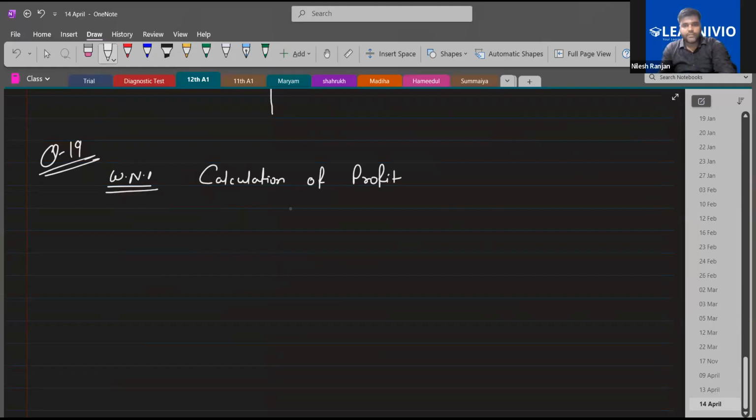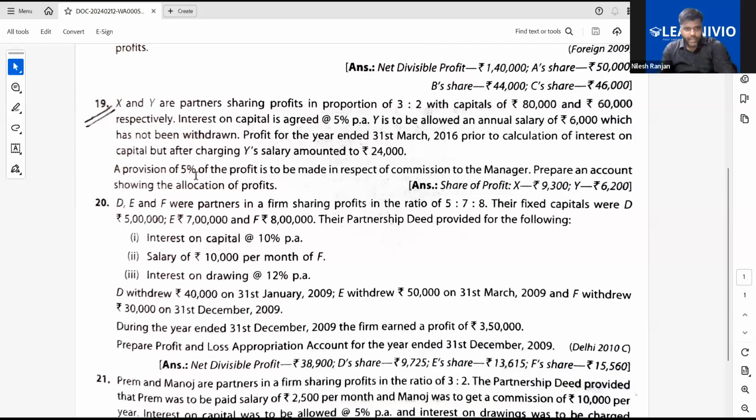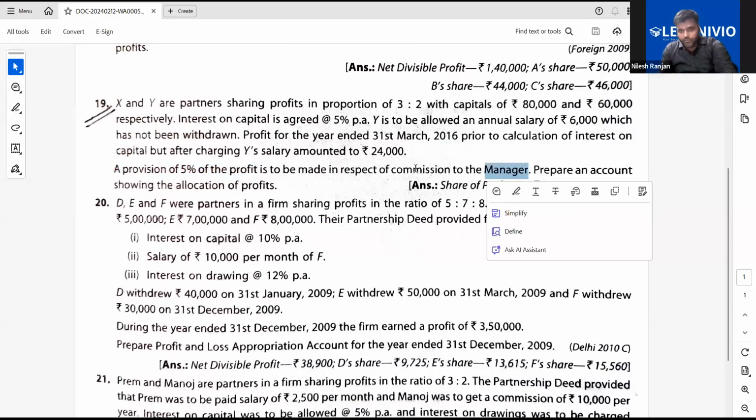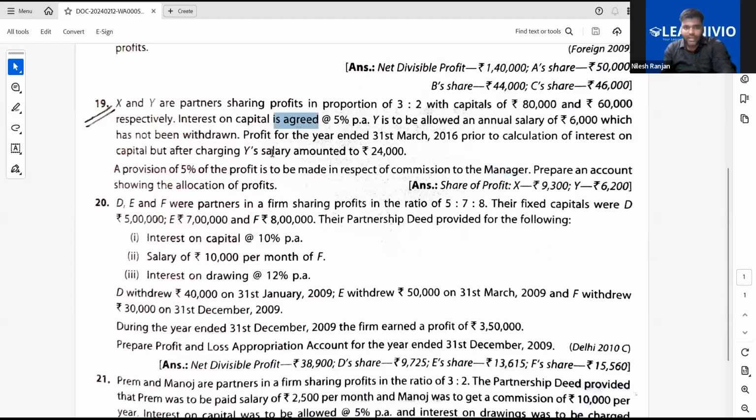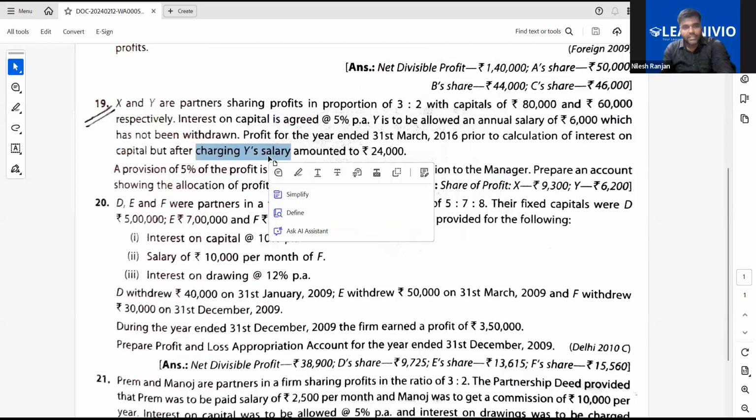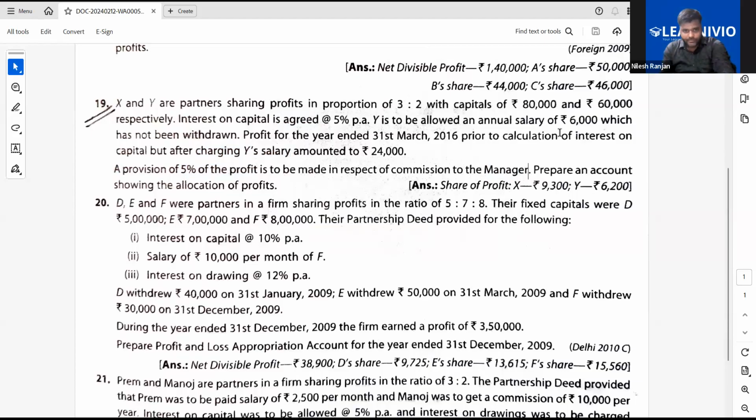In this question, we have to give 5% of the profit to the manager. Now, this commission of manager is not an appropriation, it is a charge. So it should be deducted before all other items payable to partners. We have to pay interest on capital and Y salary, but before these two, we have to pay manager commission.